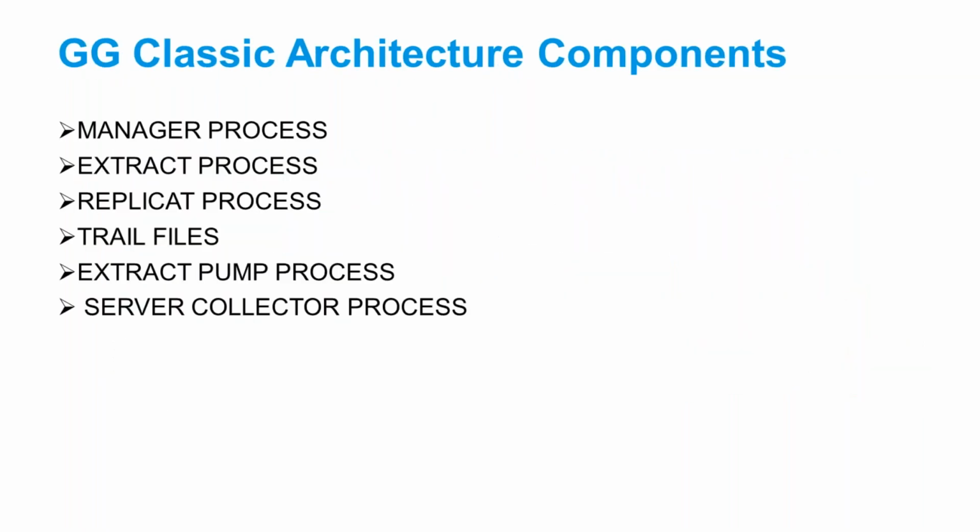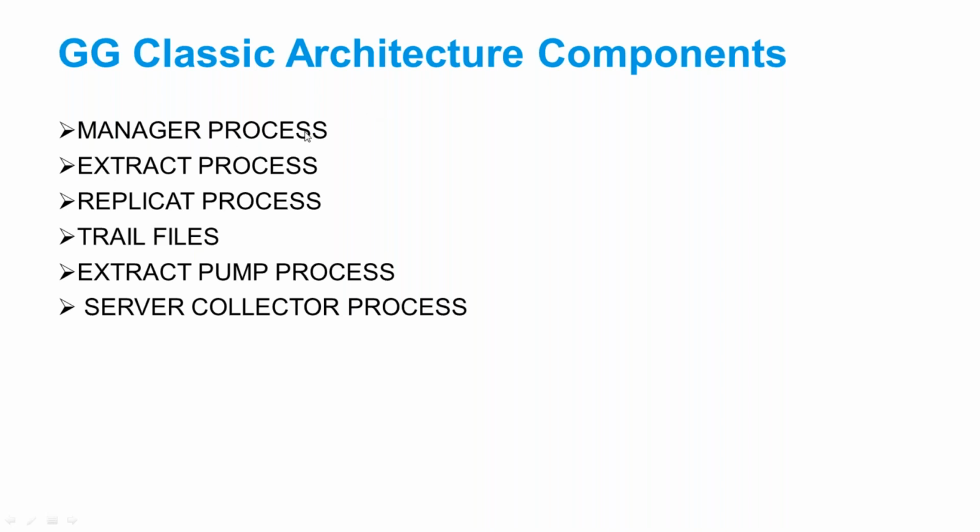So under classic and microservices, you have different types of extract and different types of replicate. The components of Golden Gate classic architecture include manager process, extract process, replicate process, trail files, pump process, and server collector process. You saw the extract process, replicate process, trail files, and pump process.